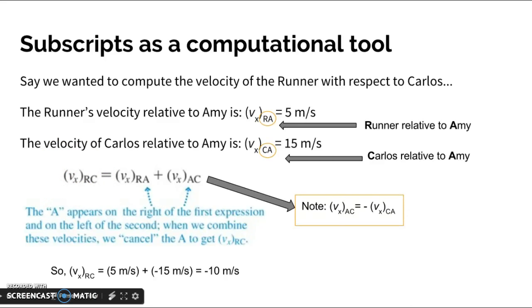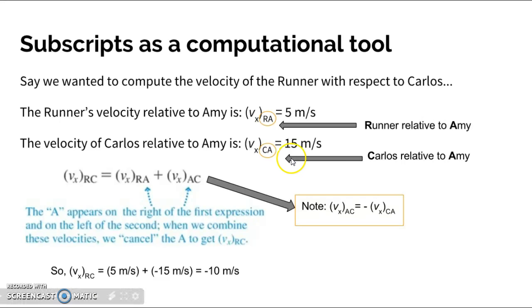We know that the runner's velocity with respect to Amy, the term here with the subscript RA, is 5 meters per second. We also know that the velocity of Carlos with respect to Amy is 15 meters per second. Since Amy is still with respect to the ground, we could also have this instead of relative to Amy. The values would be numerically equivalent if we said with respect to the ground.